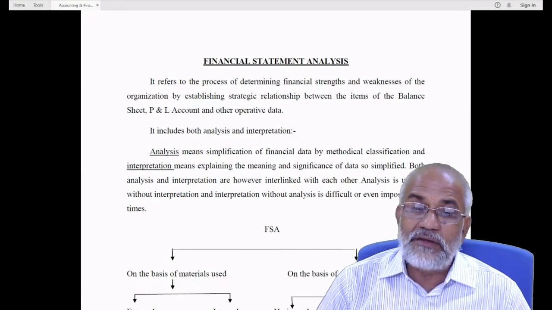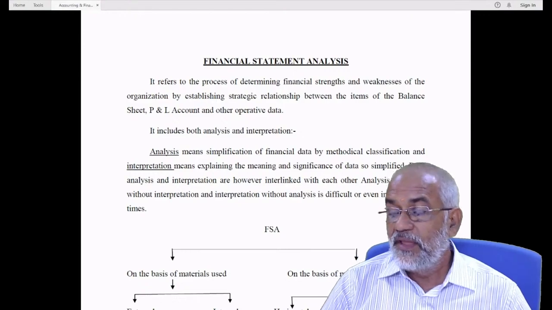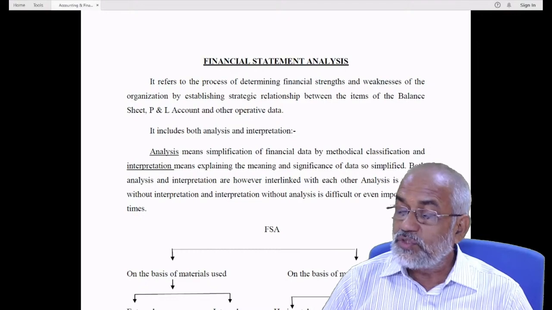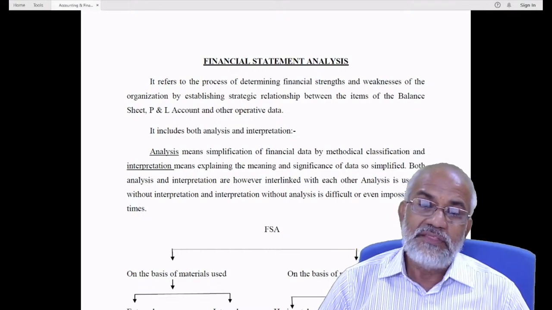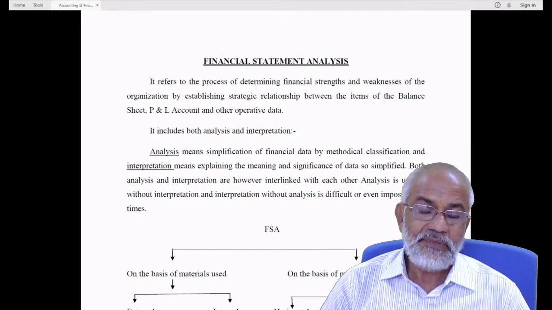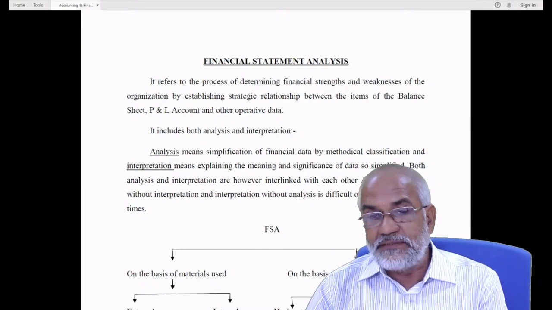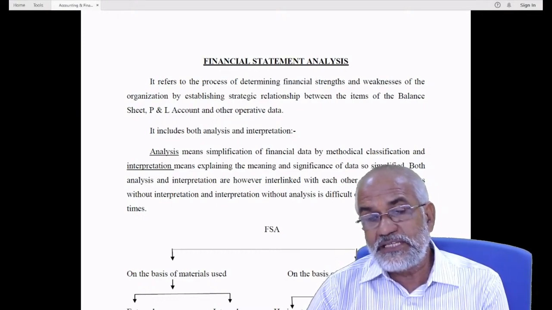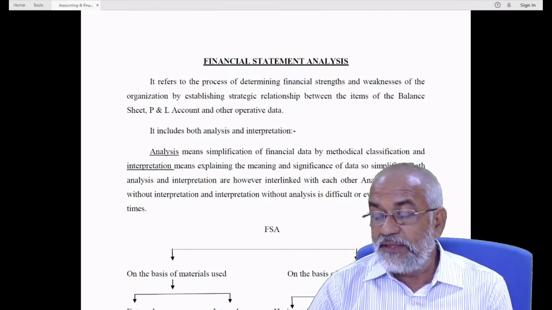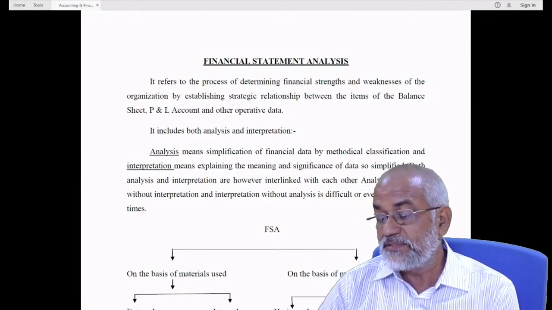The first component of an annual report is non-audited information. The second one is financial statements. The third one is the notes on accounts. And the fourth one is the accounting policies. When we talk about the non-audited information, it may be of 2 categories. The first may be narrative items, and the second may be non-narrative items.